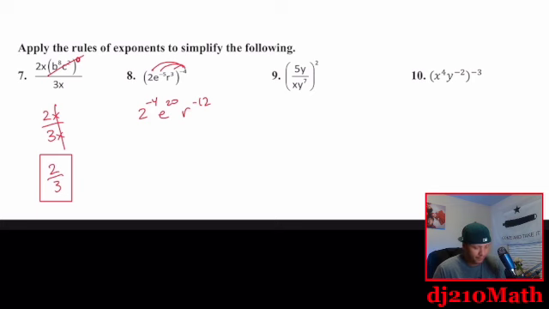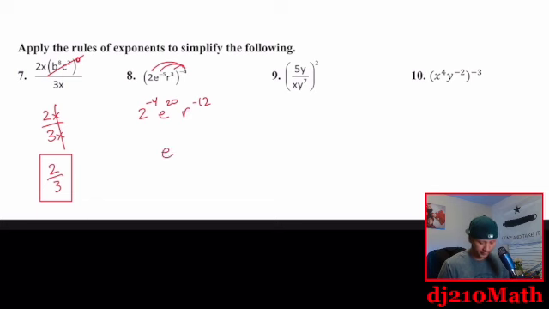Then, after I distribute the outside exponent, anything with a negative gets changed, either moved to the denominator or moved to the numerator, depending on where we are. This one, everything is in the numerator, right? Because there is no fraction. So everything will move to the bottom.